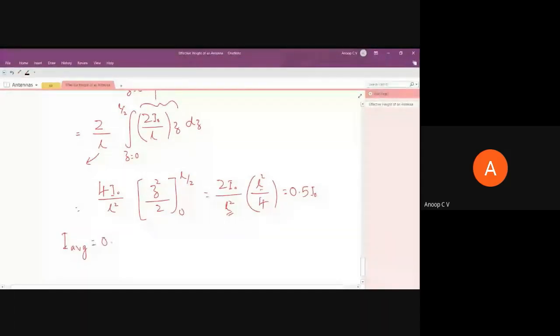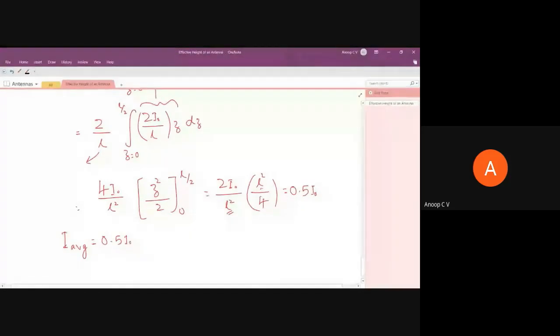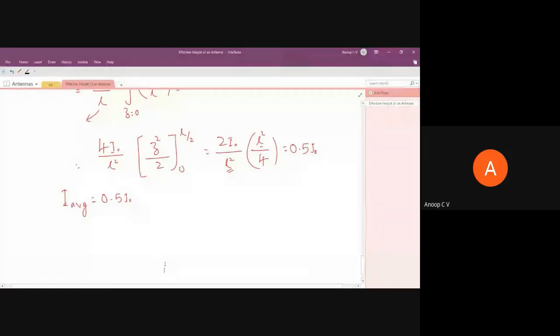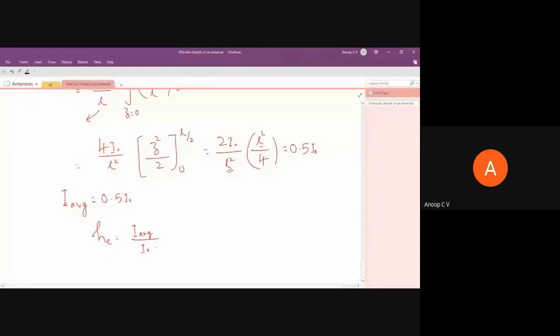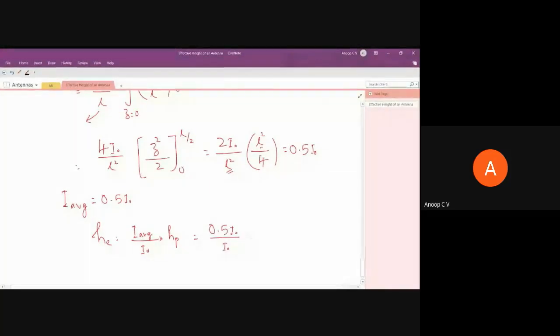So what will be the effective height? I can write effective height HE is equal to I average divided by I naught times HP. That is 0.5 I naught by I naught times HP.